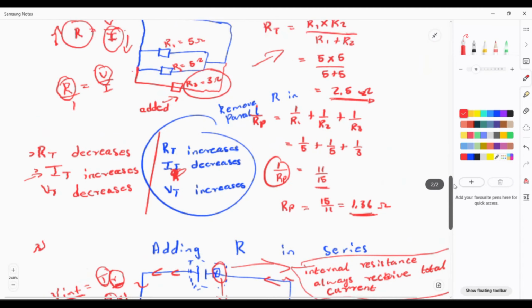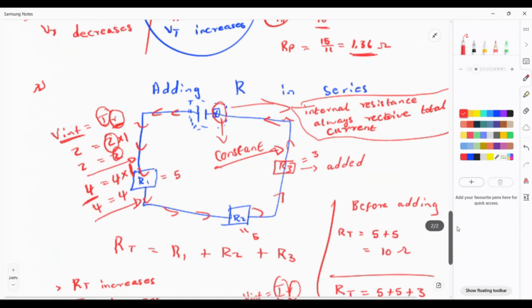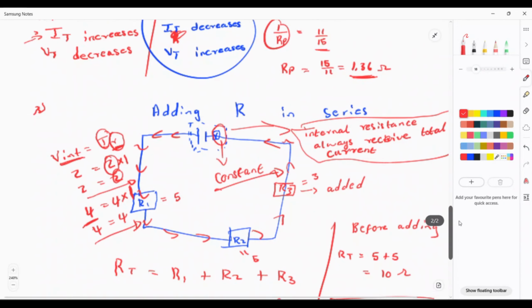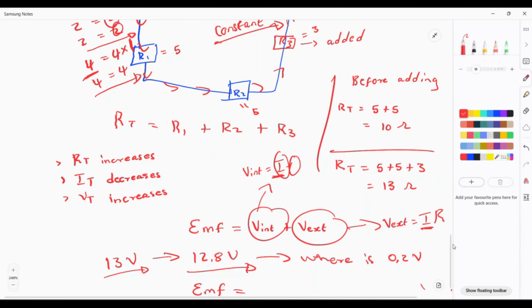Whatever in the notes that you wrote, whatever the current did, the internal voltage also did that thing. So here, because our total current decreased, V internal is also going to decrease.